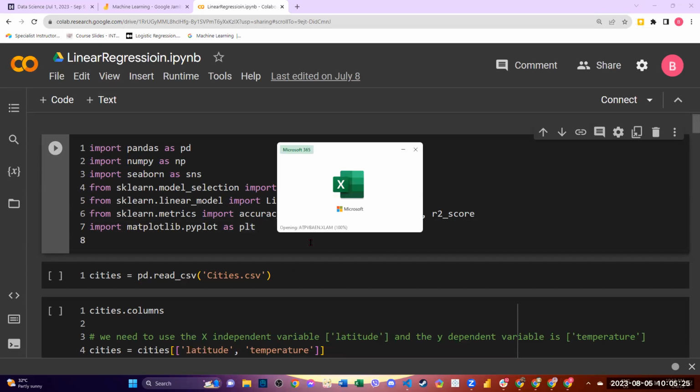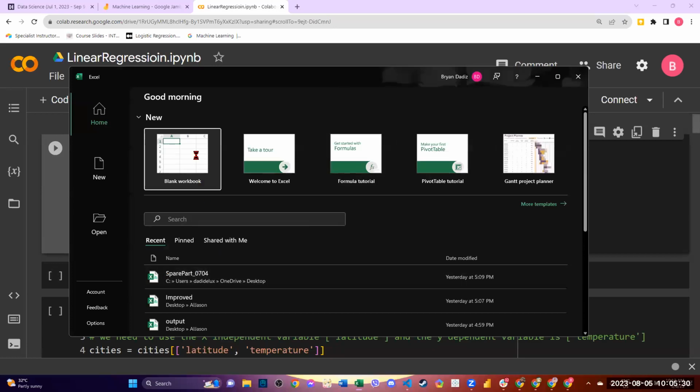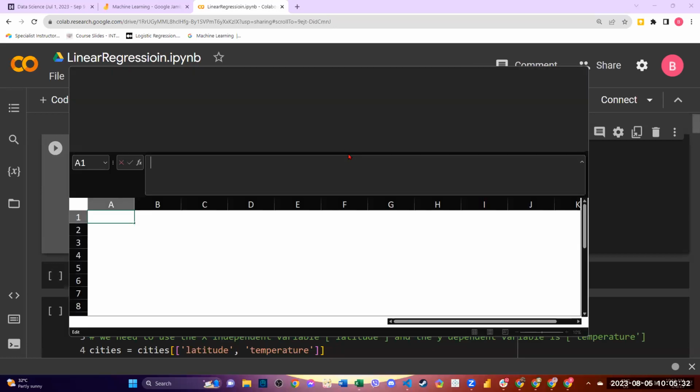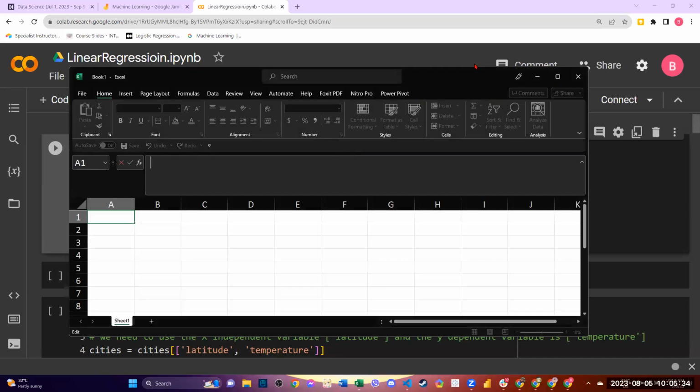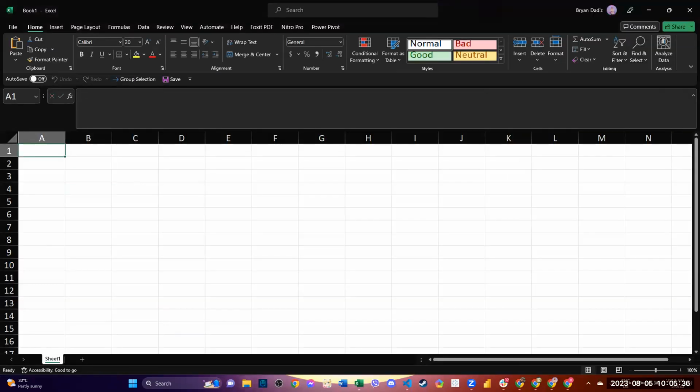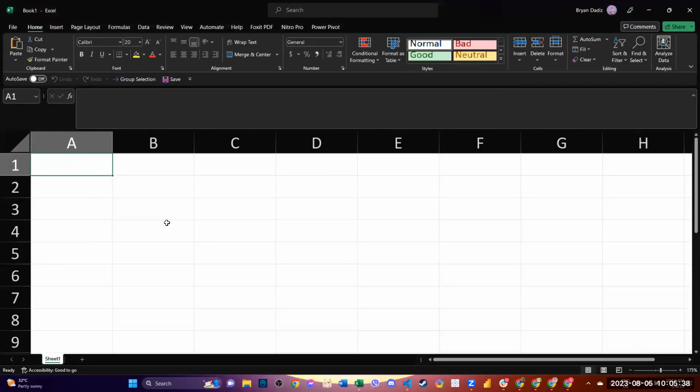Okay, let me explain the intuition behind linear regression. How can it predict? Let's have a simple example of our data.